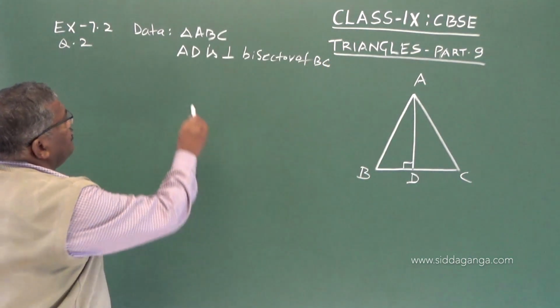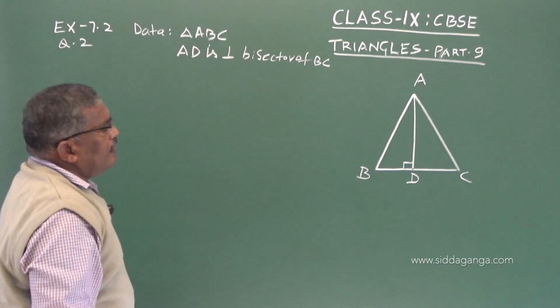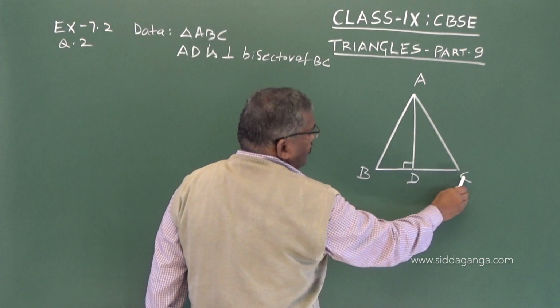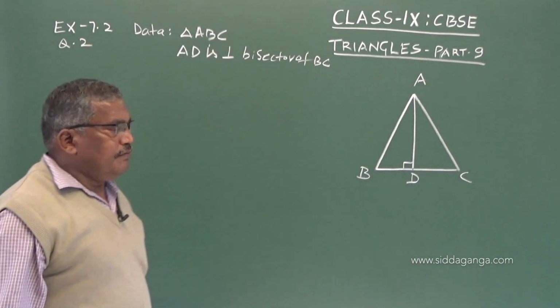So with this what we can read, angle ADB is 90 degrees and BD is equal to DC.